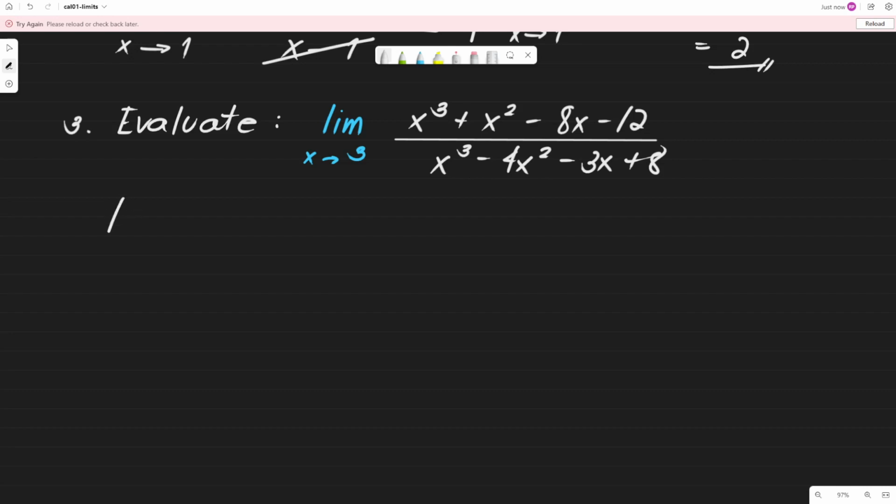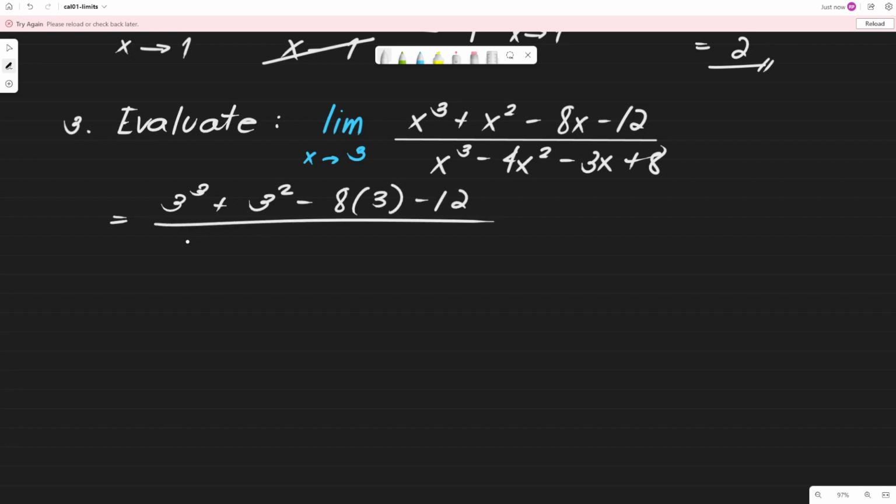So we have 3 cubed plus 3 squared minus 8 times 3 minus 12 all over 3 cubed minus 4 times 3 squared minus 3 times 3 plus 8. Now, so this is our evaluated function.